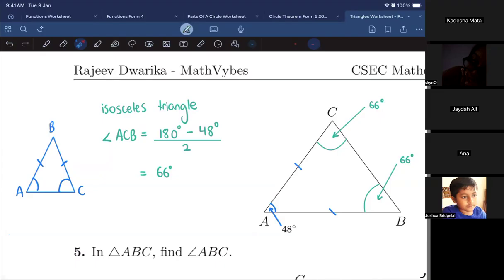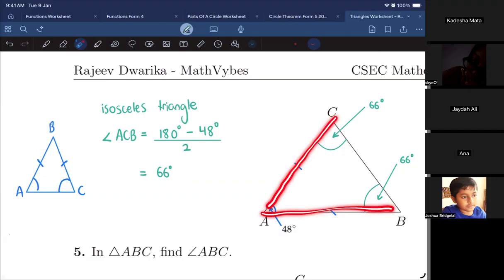So Joshua, do you see a dash by length AC and a dash by length AB? Are you seeing a dash here and a dash here? Yes. So if you're seeing a dash over there and over there, it means that this side and this side are equal.